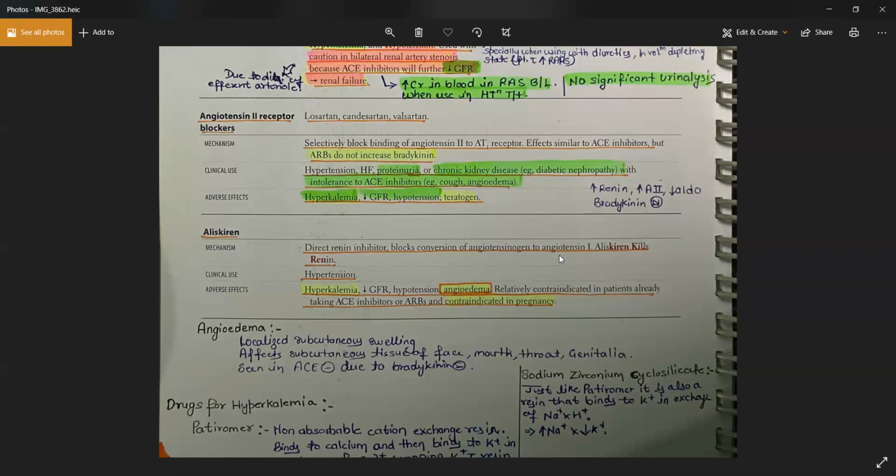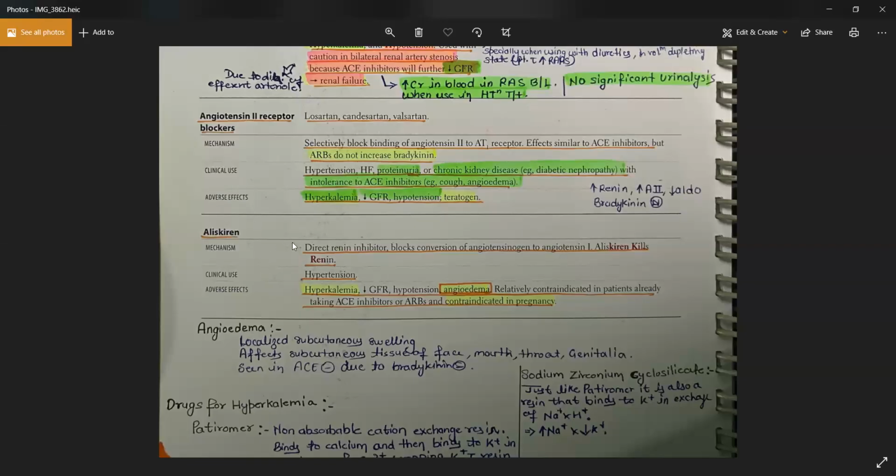Renin inhibitors, what about the levels of renin? Rise, because negative feedback will be lost and there will be a very high renin production, but it can't do anything. So high renin, low angiotensin 1, low angiotensin 2, and low aldosterone will be seen in aliskiren therapy.